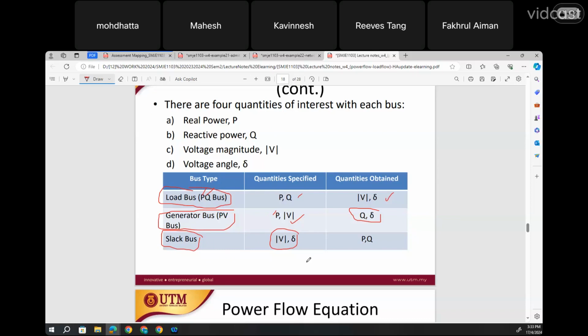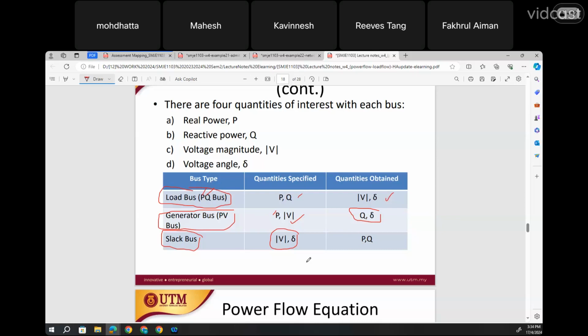Okay, 1 per unit. Remember, per unit is a dimensionless quantity, where the quantity comes from the actual value divided by the base quantity. So when I mention per unit, it means a normalized value of the voltage and power. Angle, we cannot have a per unit value.